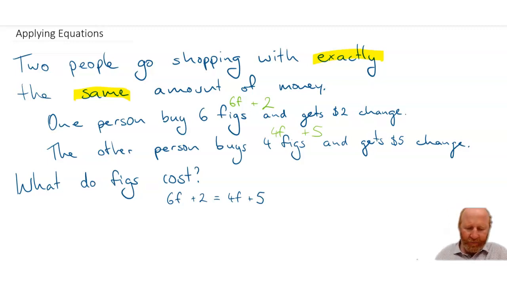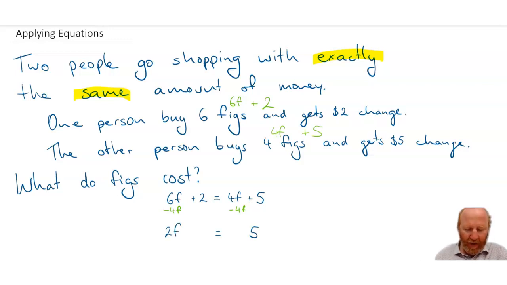Now that I've done that, I want to get only F values on one side and only numbers on the other. So I'm going through this question now, and I'm going to take F's away from both sides. When I take 4F away from both sides, there's only 5 left on this side and no 4F at all. When I do it on this side, I have 2F left there.